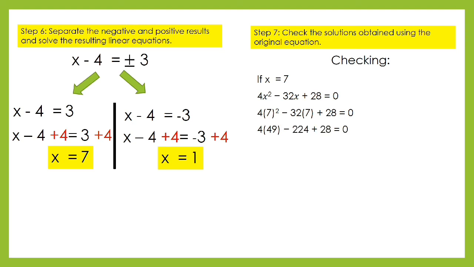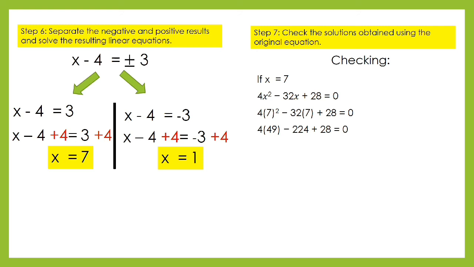7 squared is 49, kaya nagkaroon tayo ng 4 times 49. 32 times 7 is 224. Negative times positive is negative.